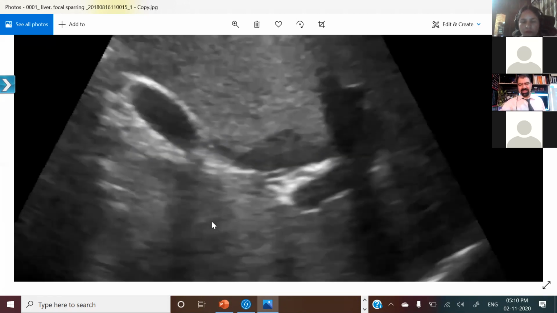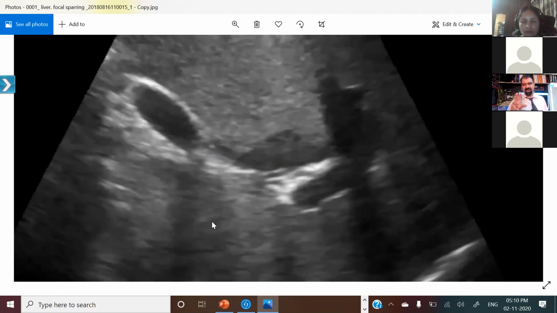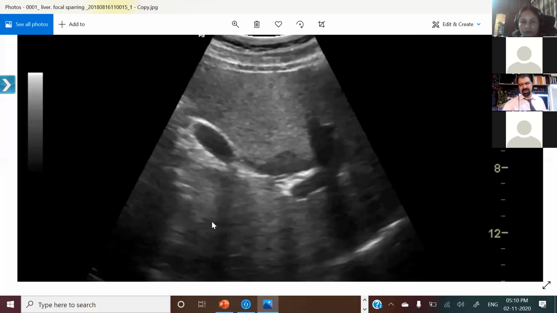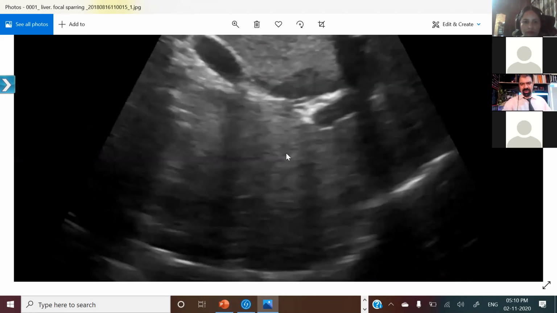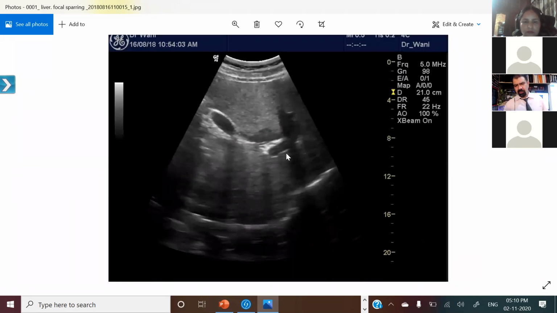Now, around here, this is the area where I am seeing a patch, and this is a focal fatty spared area. Even without comparing it with the kidney, this is a clear case of fatty liver. Why? Because there is posterior attenuation over here and there is a patch where I am having a decreased echogenicity, which is the focal fatty spared area.